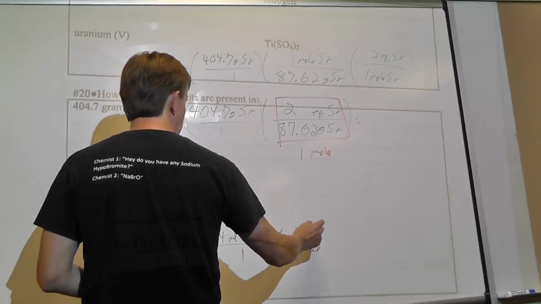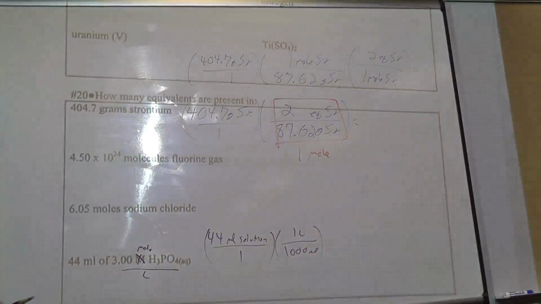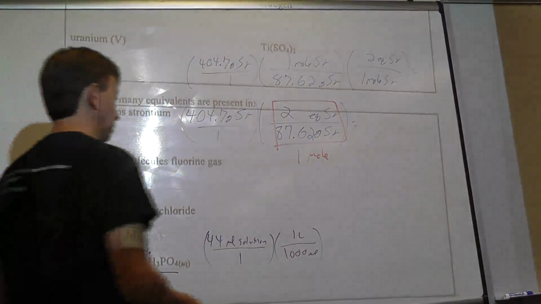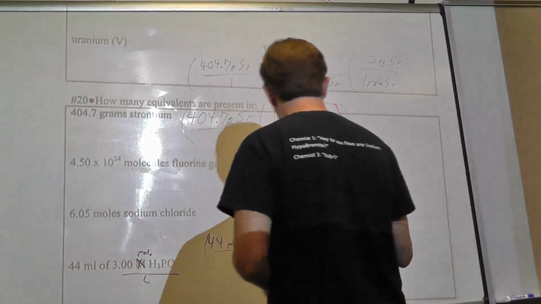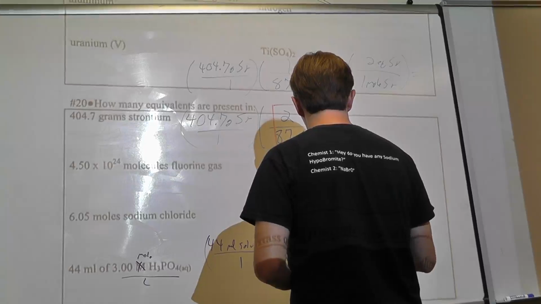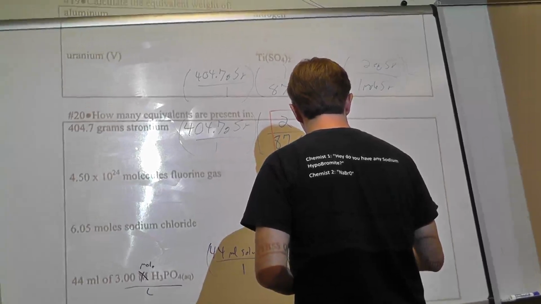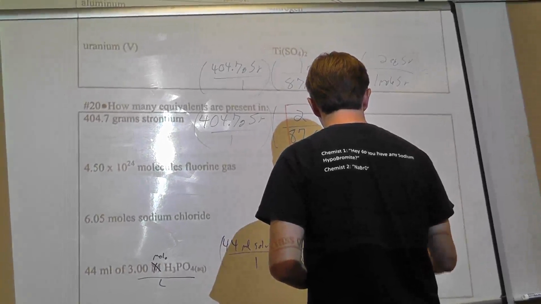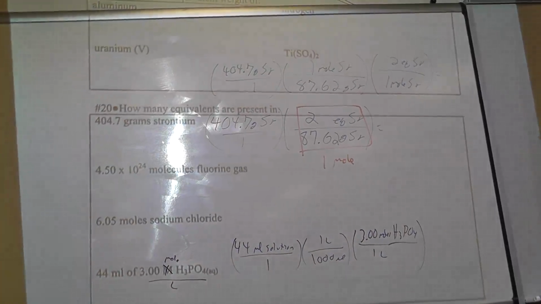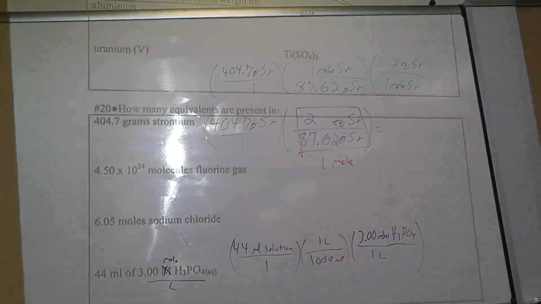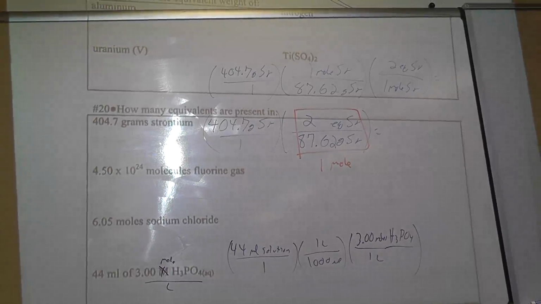Thousand milliliters being a liter. One liter containing 3.00 moles H3PO4. Nothing new so far. That's molarity like we did back in chapter 8.